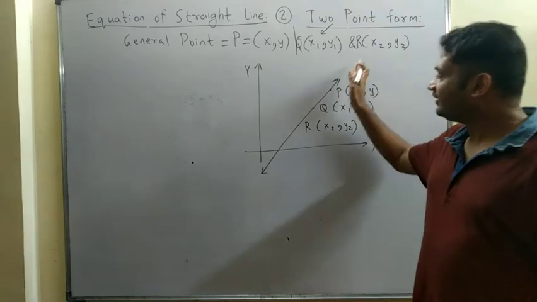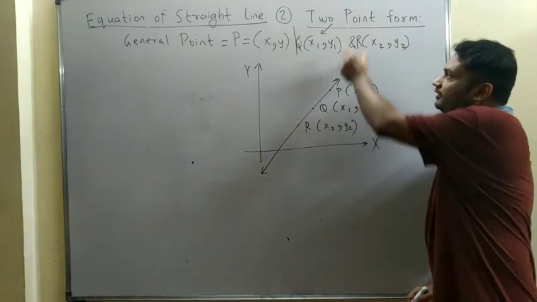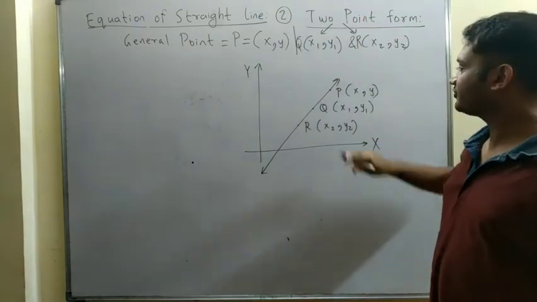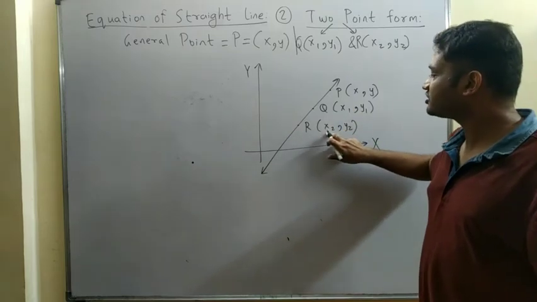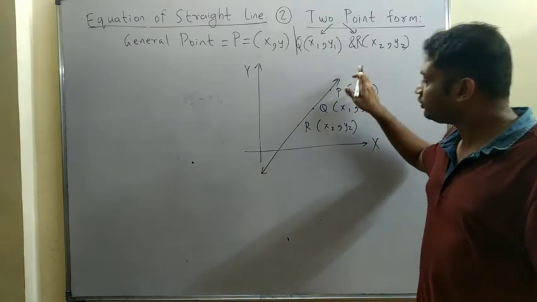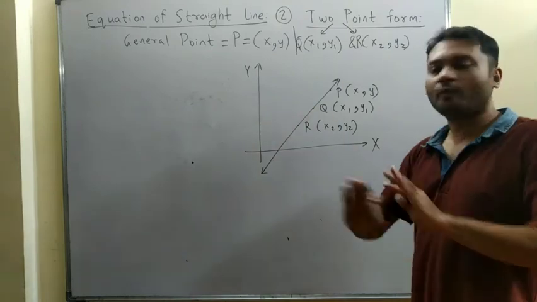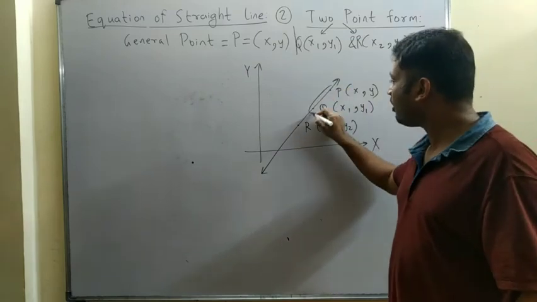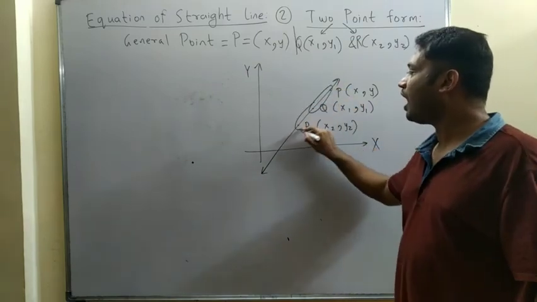So we want to find the equation of this line on which we have fixed points, because we have the two-point form. That means we have two points. Let us say one is Q, which is x1, y1. Another is R, which is x2, y2. So I want to find the equation of this line. In this case, the slope is not given to us. But we can say slope of PQ equals slope of QR.